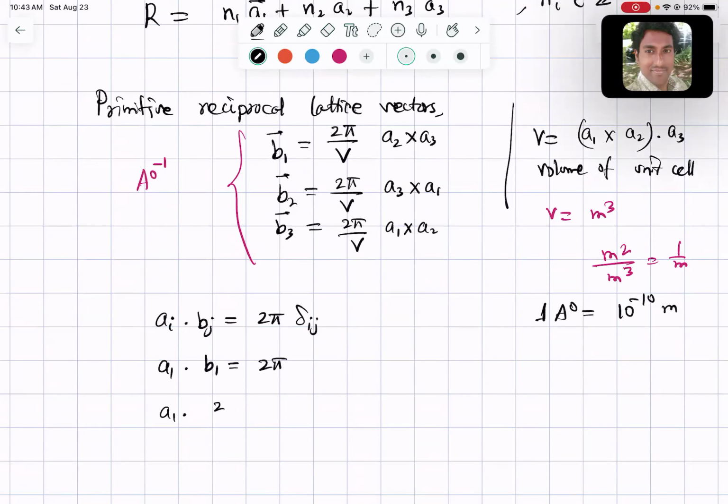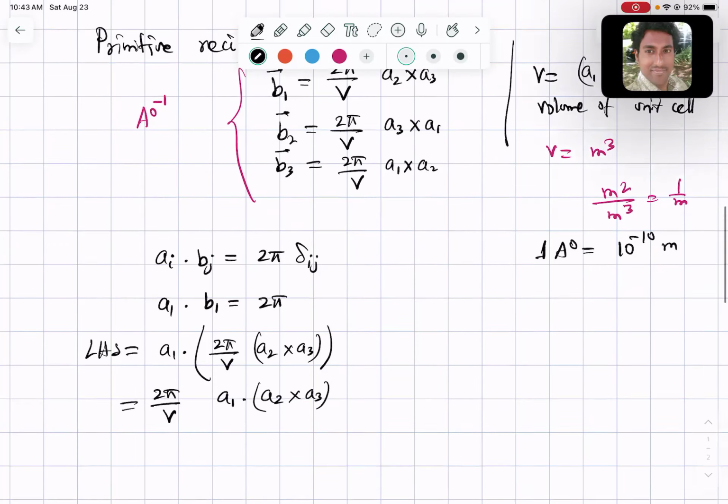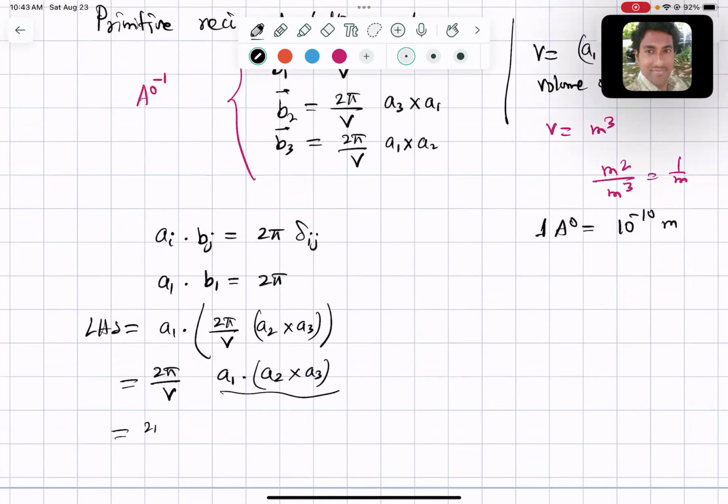B1 is 2 pi over V A2 cross A3. Then 2 pi over V is a constant. We have A1 dot A2 cross A3, and notice this is nothing but the volume of the unit cell, V, and V cancels out, we get 2 pi, which is the right hand side. Does it make sense? Any questions?